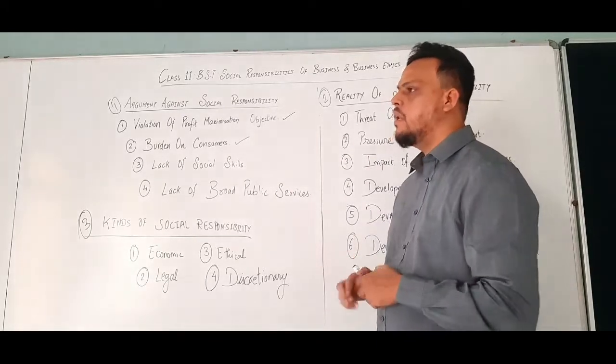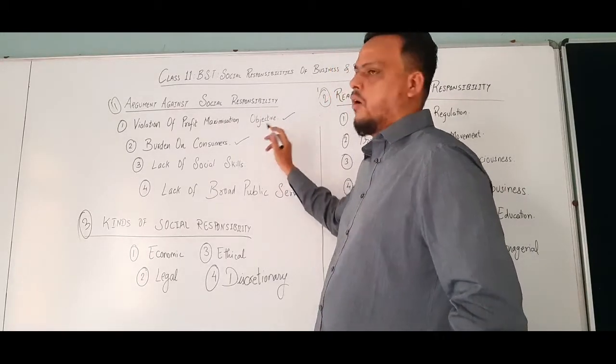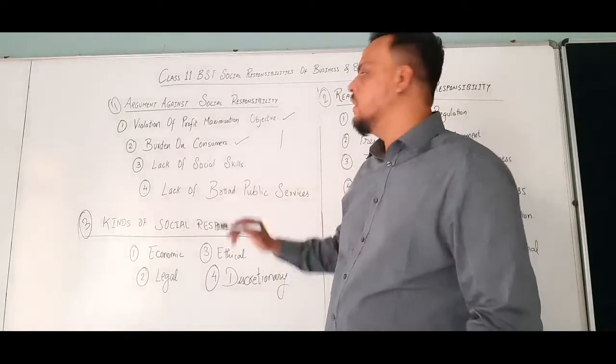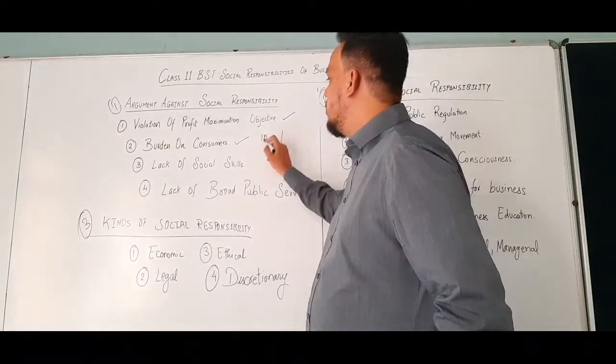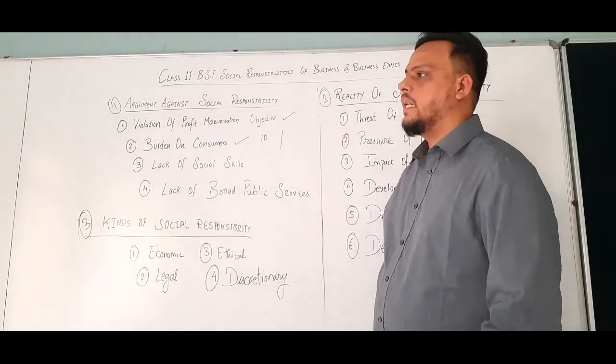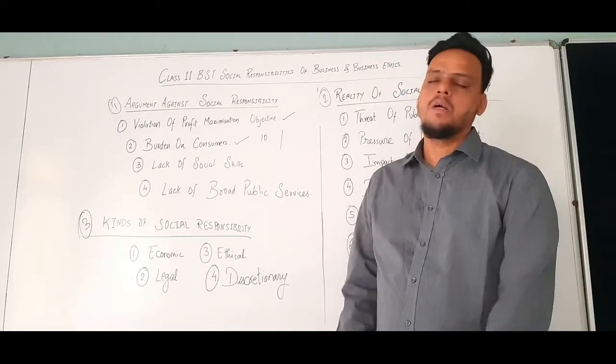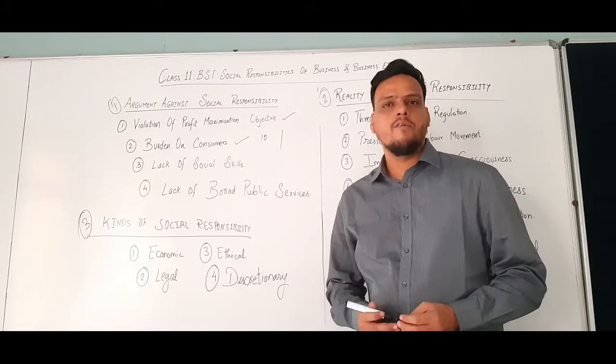For example, before they purchased the assets or pollution control machine, the price was only 10 rupees. You bought one product at 10 rupees. But they planned to take on a social responsibility part and do certain welfare for society.